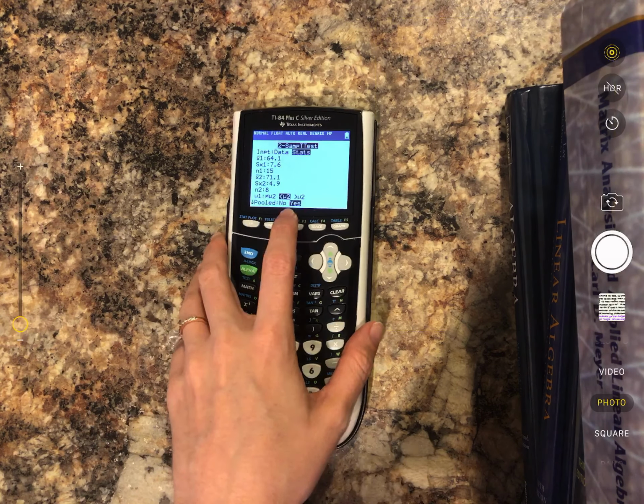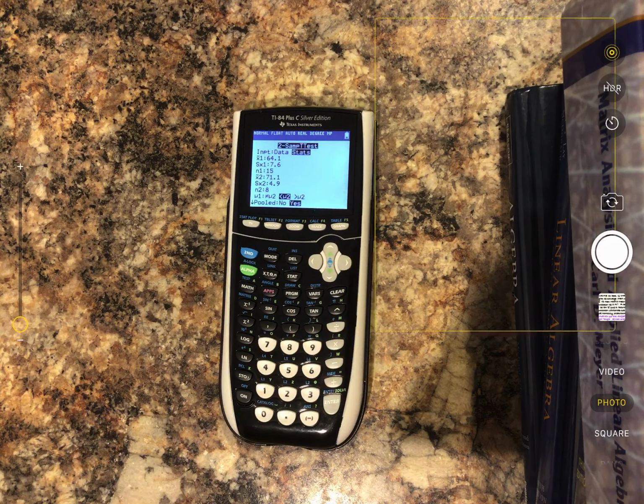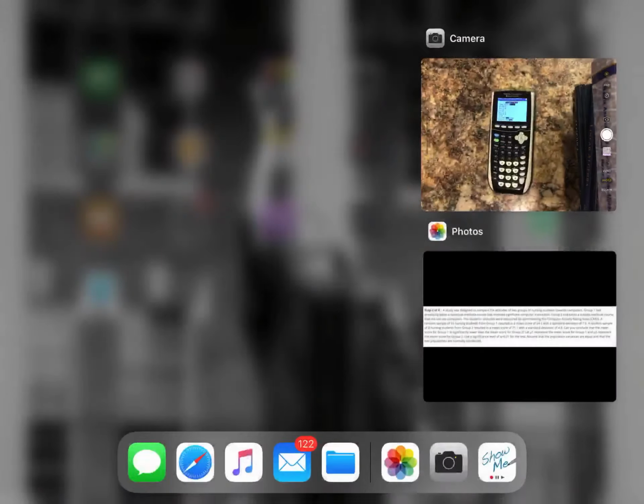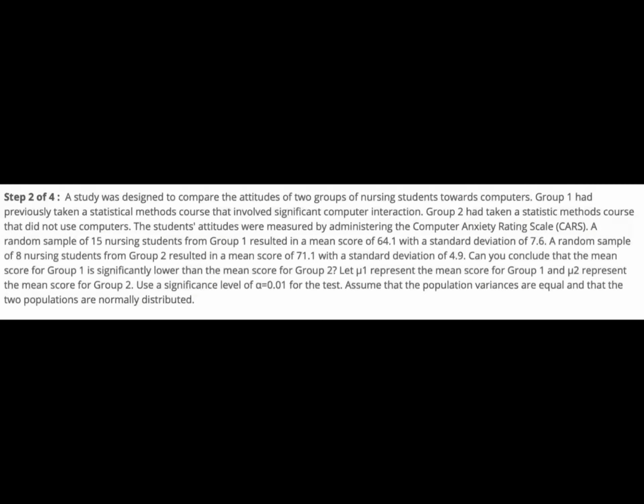Then it comes to the option where it asks if it is pooled. That's whether we're going to pool the variances in order to find that population variance. Now, in this case, let me go back to the problem. We can see in the last sentence it says, assume that the population variances are equal.